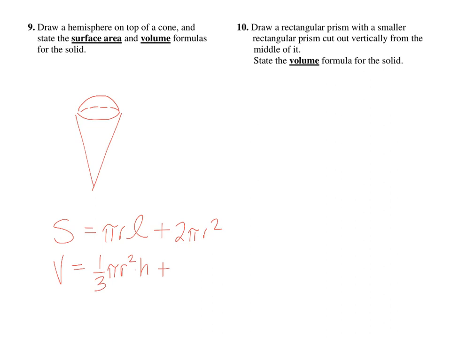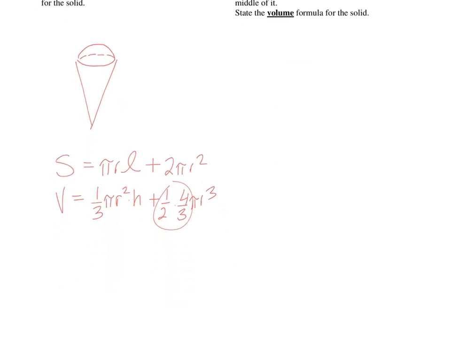And then I have half of 4/3 pi r cubed for the volume of the hemisphere. That's all there is to that. And you could simplify this, but as long as you have the general idea. So it's going to be 2/3 pi r cubed. Let's just polish this up real quick.